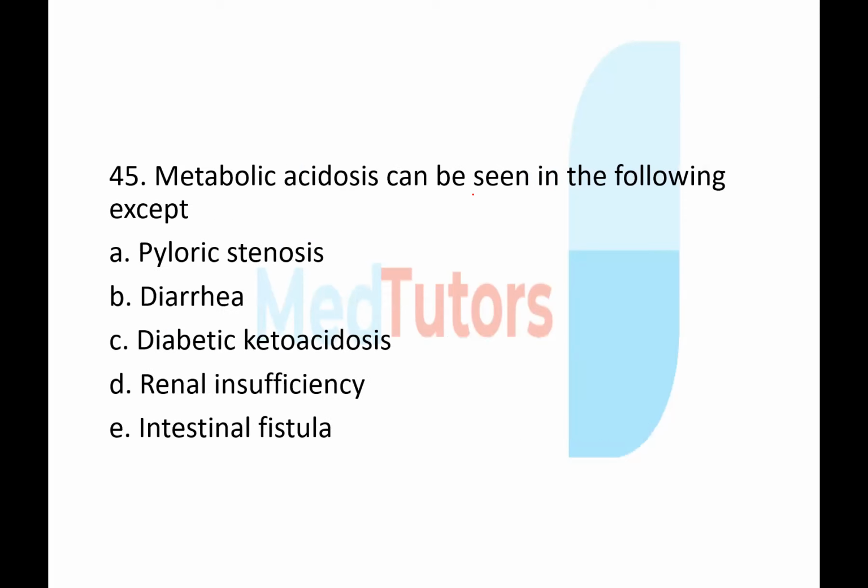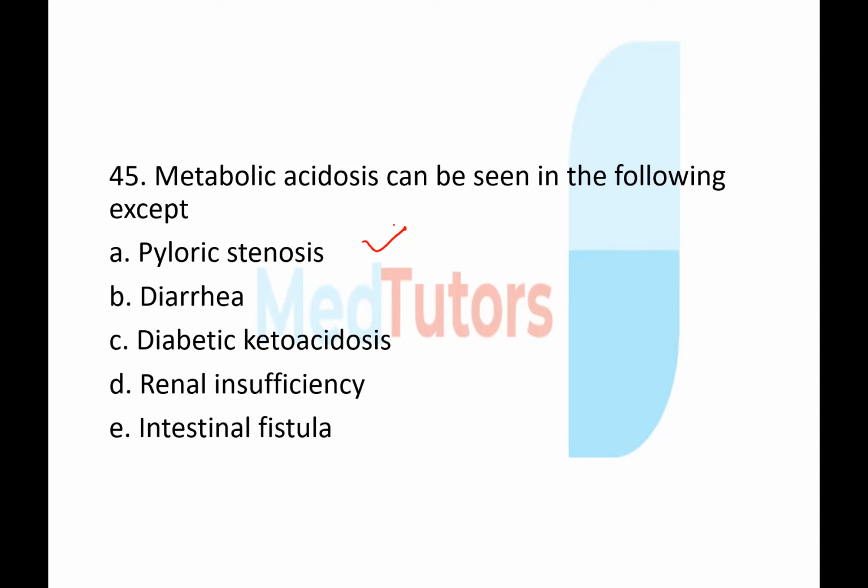Metabolic acidosis can be seen in the following except, okay, pyloric stenosis. Pyloric stenosis will cause alkalosis because they are vomiting acid.